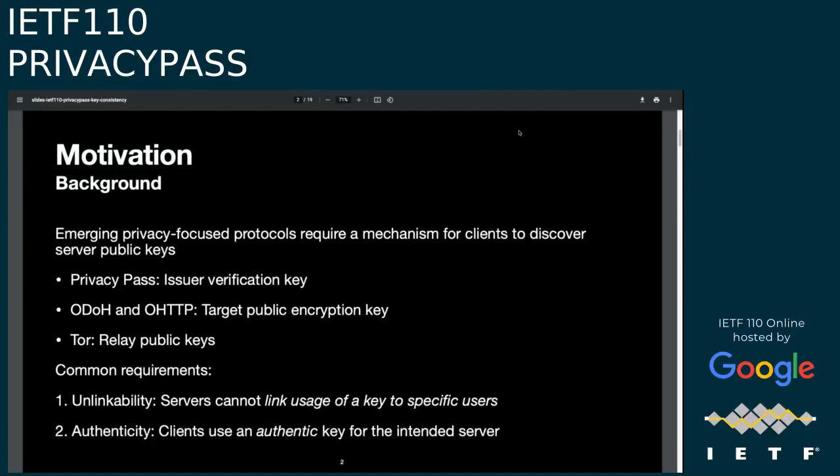We want to get these keys and then use them in such a way that servers that see the use of the key can't link it to specific users. This seems to be a common requirement across all of these protocols, and the point of this particular document is to describe these requirements and various ways we could go about building systems for achieving these two requirements.